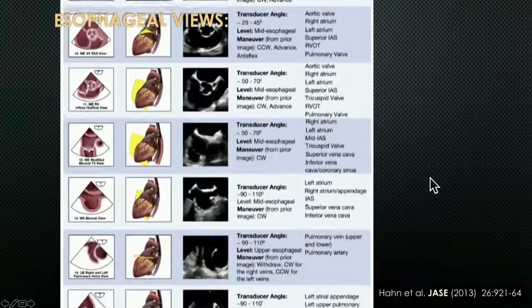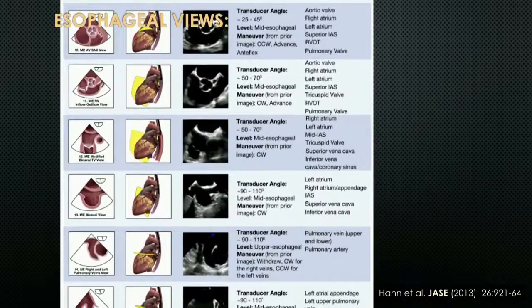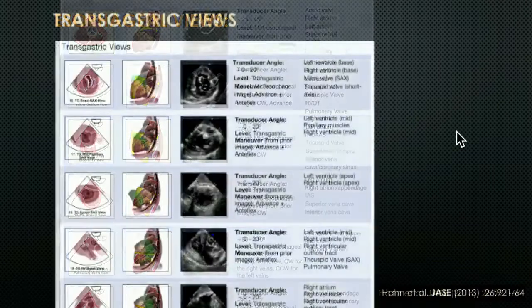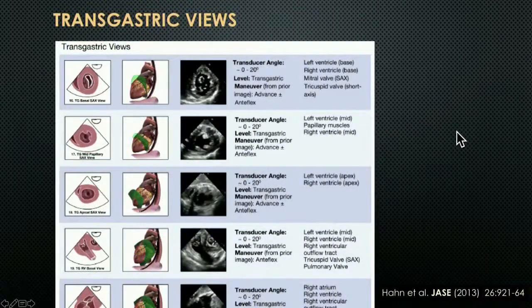And again, these are all available online very nicely. There's a cartoon of how the imaging is slicing, a picture as well as a linked AVI, and then they tell you the exact transducer angles, etc. Do I think you need to memorize all 28 views for the test? Absolutely not. But be aware that they're here.